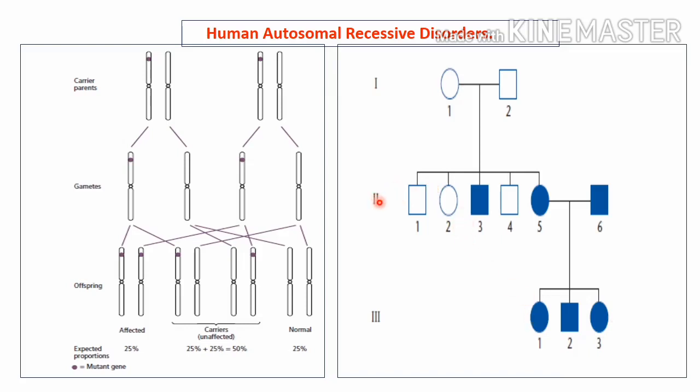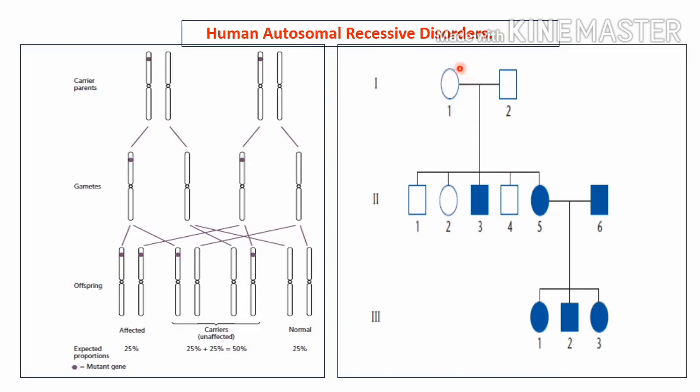We can see that in the second and third generations there is expression of the disease, but not in the first generation. It means the recessive gene may not express in all generations, only in a few generations, unlike the human autosomal dominant condition.